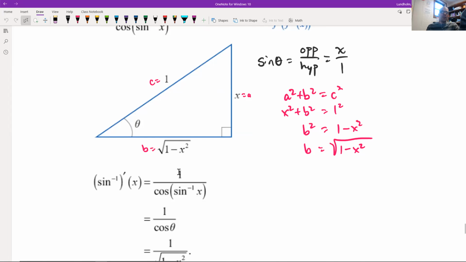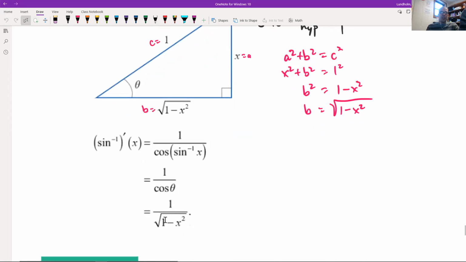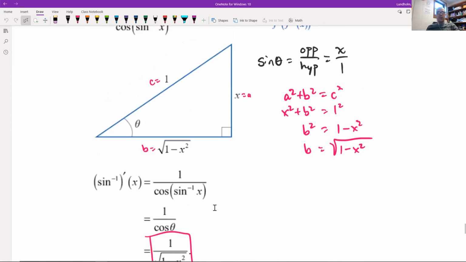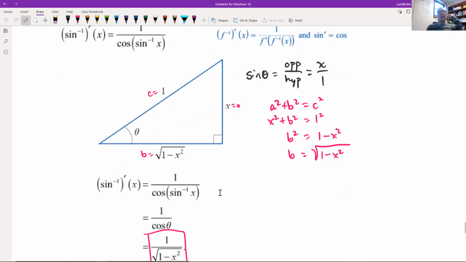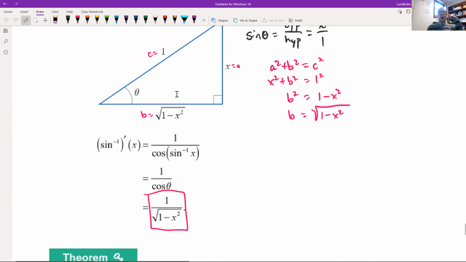And adjacent over hypotenuse is just going to be the square root of 1 minus x squared. So the derivative of the arcsine ends up being 1 over the square root of 1 minus x squared. For this reason, we've used the inverse formula that we came up with earlier on, and we made this triangle to sort out the sines and cosines.